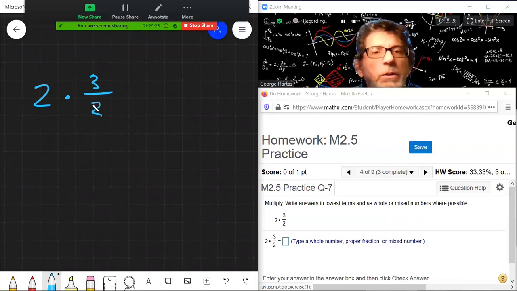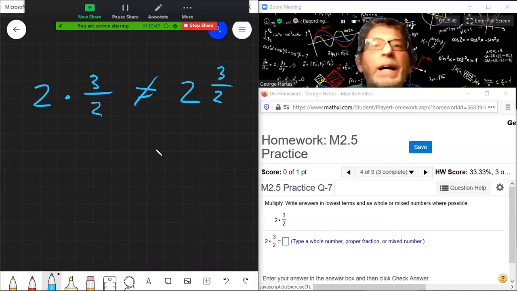Huh, that looks strange. Now, do not confuse this with a mixed number. This expression is not 2 and 3/2. It is not that.